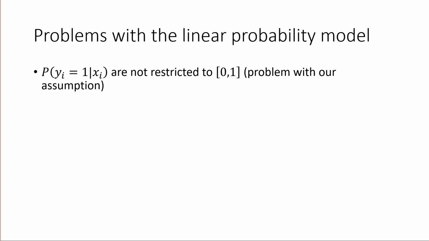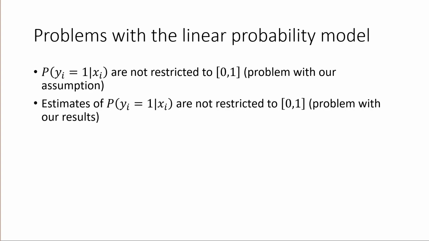Now that's a problem in our assumption, and we could probably live with that if it didn't create problems in our results, but it will. Because when we actually do this analysis and we estimate these probabilities, then they will also not be restricted to 0-1.